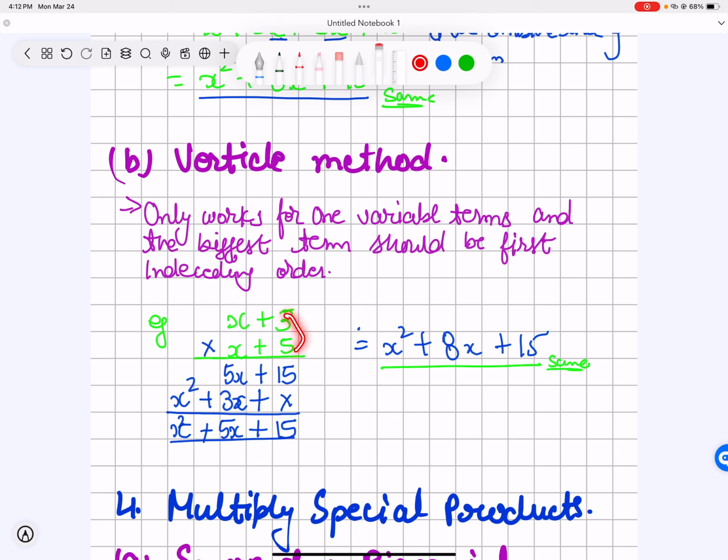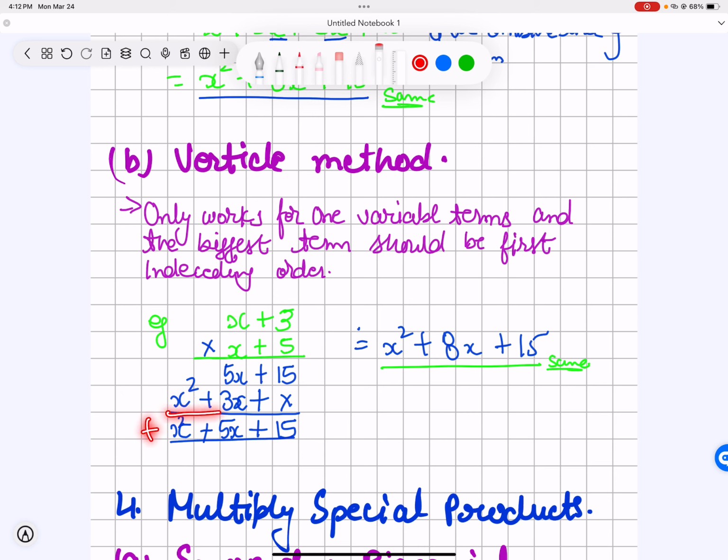So 5 into 3 is 15, and then 5 into x is 5x. And then we add the plus sign as it is. And then we multiply x by 3, which is 3x, and then x by x is x squared.